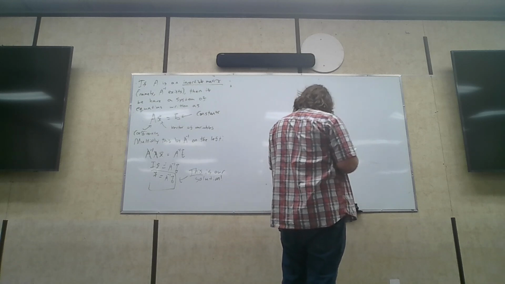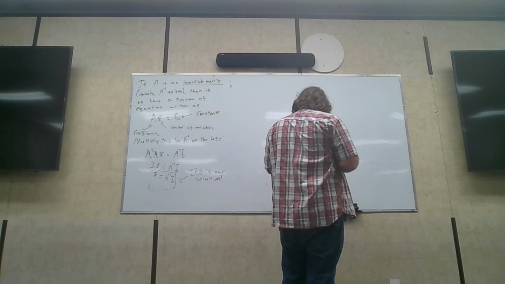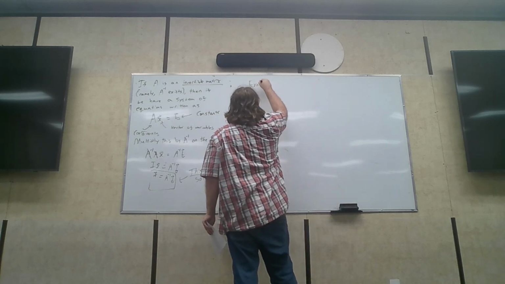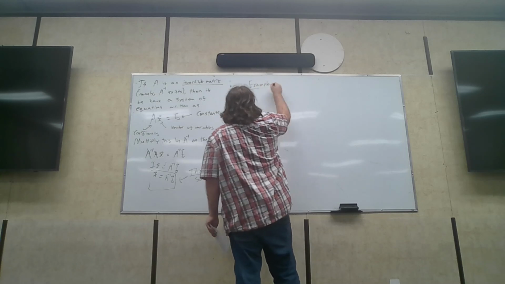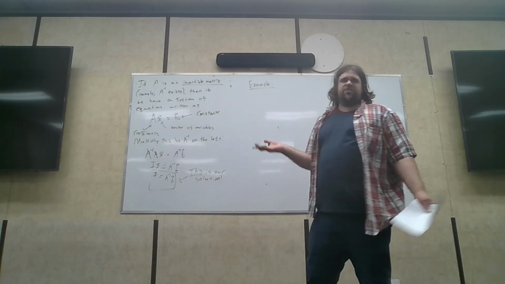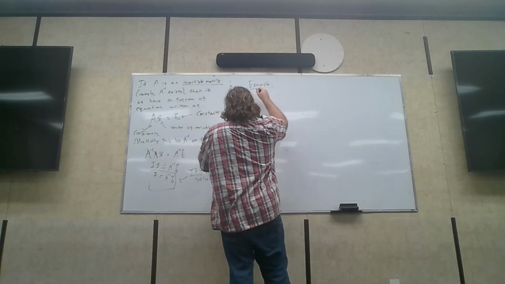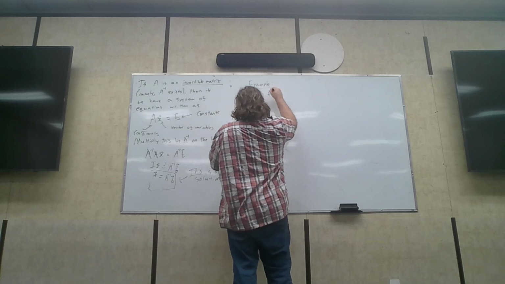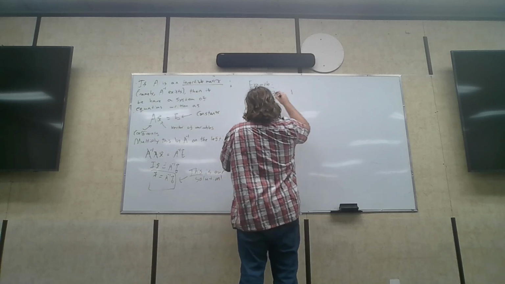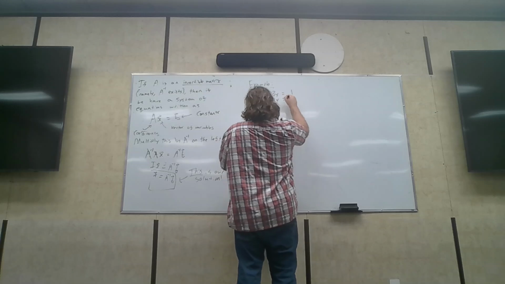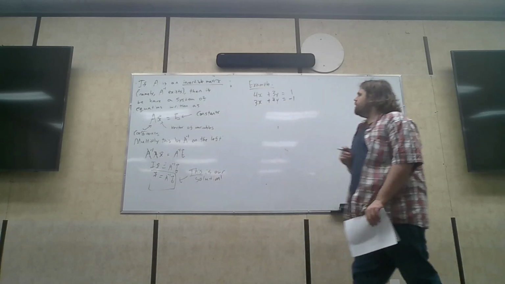Okay, so I have a bunch of boring proof stuff in here, so let's just do an example. Especially with 2x2 matrices, it's pretty nice because there's just a formula for it, right? So we just plug and chug. Let's consider the system: 4x plus 3y is equal to 1, and 3x plus 2y is equal to minus 1.